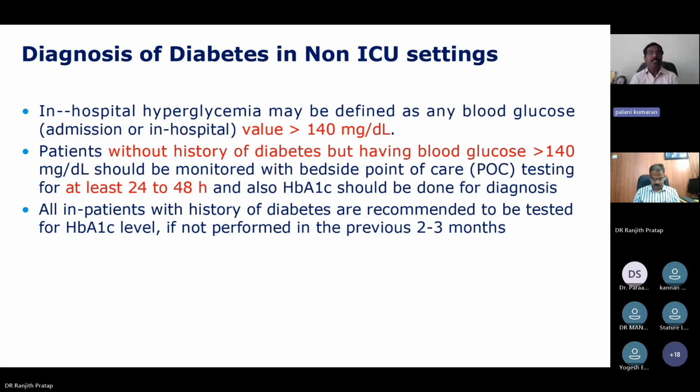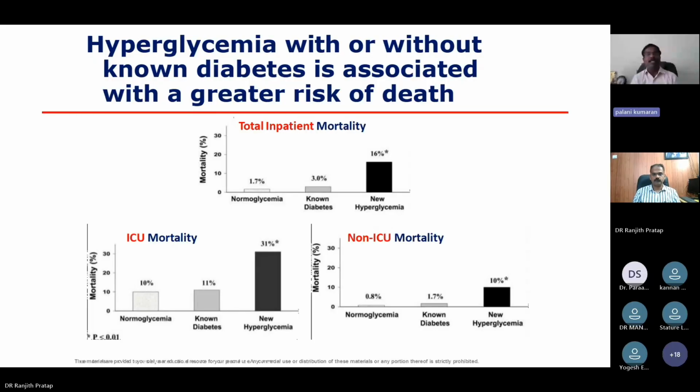And for patients with or without history, we have to monitor the blood sugar with the glucometer, that is point of care testing, for at least 24 to 48 hours. And HbA1c should also be done for diagnosing the patient if the patient is not a known diabetic or the HbA1c has not been done in the previous 3 months. So in-hospital hyperglycemia is any blood sugar more than 140 milligrams.